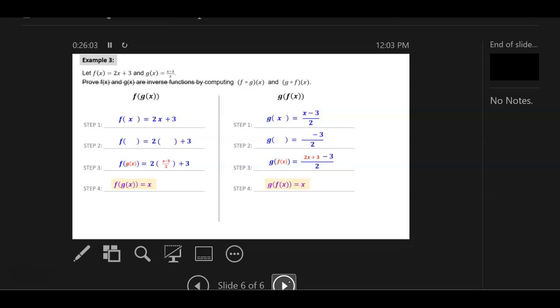Everybody, I know this is a more complicated problem, but the steps are the same. Write the original, get rid of x, replace with the other function, and then you got to simplify. You have an assignment on this tomorrow, so keep your notes, and I'm sure y'all will do great on this assignment.